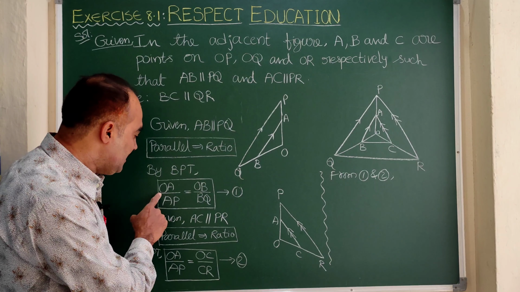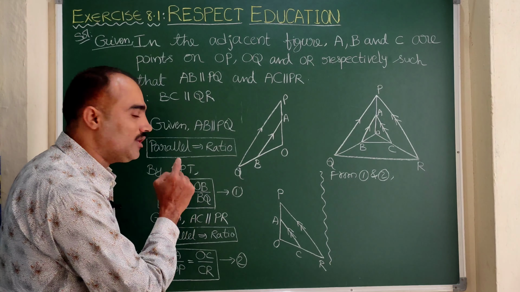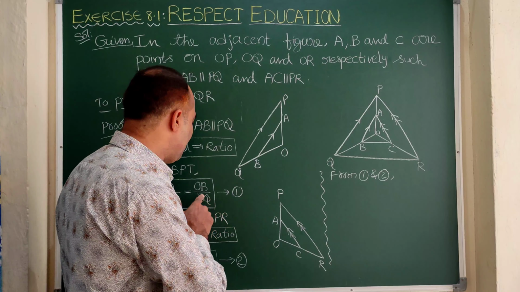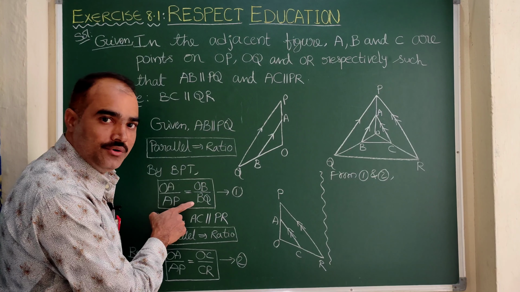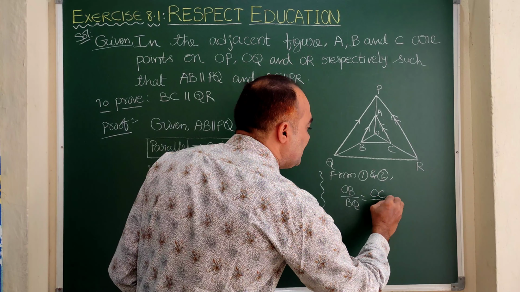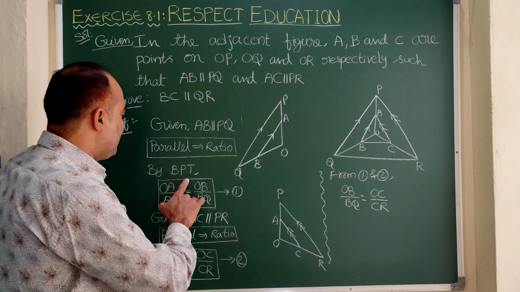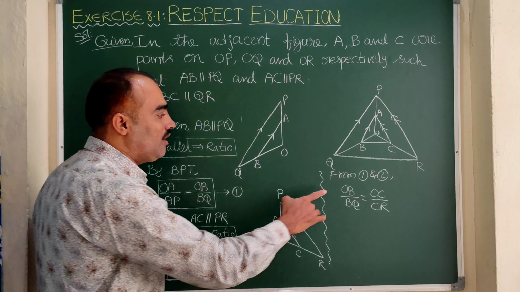Since the left hand side parts are equal, let us make right hand side parts also equal. So from 1 and 2 we get OB by BQ is equal to OC by CR. This is what earlier I said, that from two ratios we get one ratio.